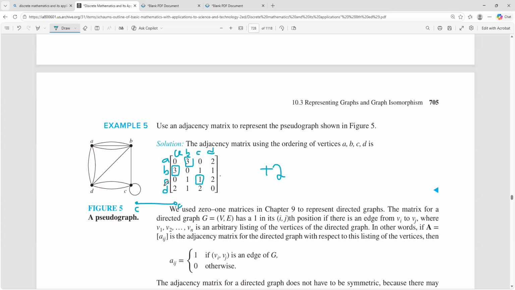So here's one loop, so it would be 1. Why 1? Because if I extrapolate this loop to one line, I get one edge from C to C. And remember, this is home team, away team. So from C to C is 1, and then from C to C is also 1. That's why in the degree it would count twice, but in the matrix you would only add it once. It's only 1. Does that make sense? Is everyone okay with that?